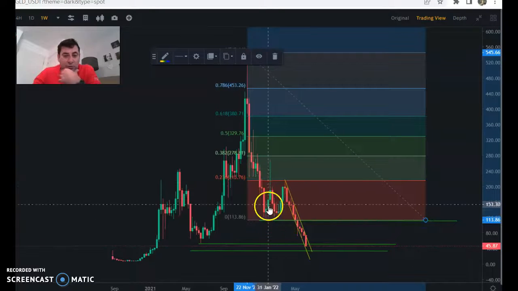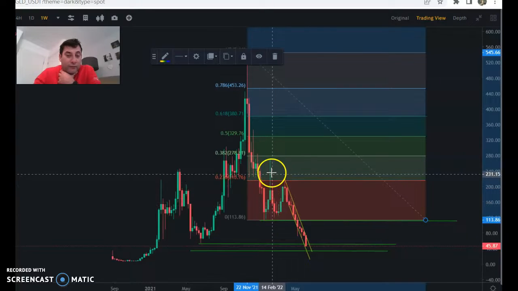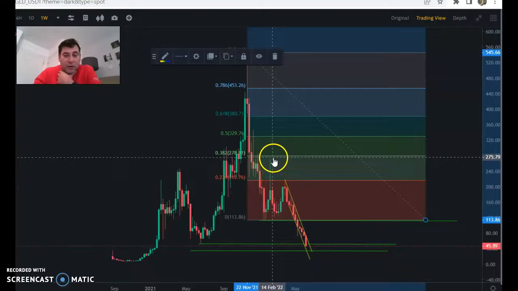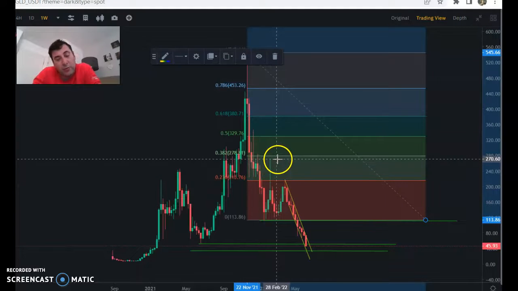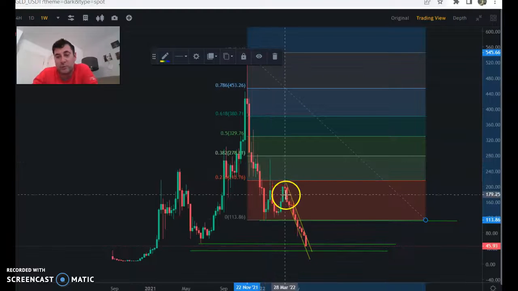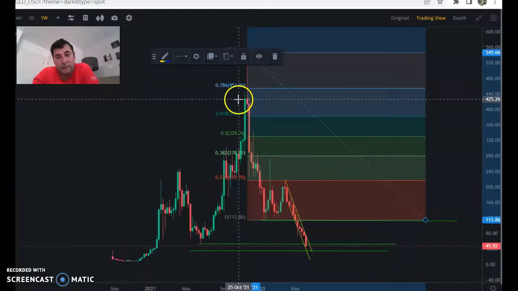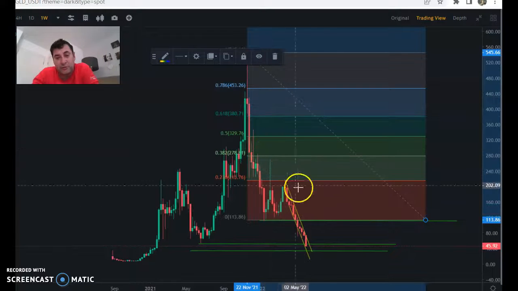So we saw that this brought our retracement, however fast this move was. I can remember having a conversation with Alan because I was quite surprised at how quickly this went up to 270 and then straight back down. So this resistance line within this Fibonacci retracement setup is quite consistent.